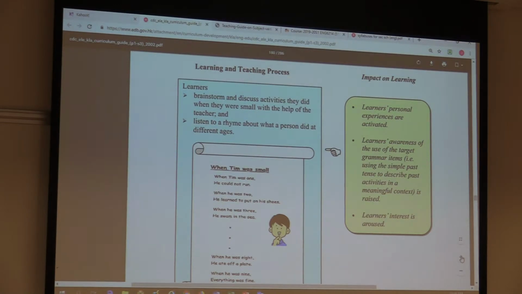So this one is about focusing on the action verbs, the verb forms, right? The past tense. And also students have to listen, so they have to pay attention to the verb. So to some extent, it also practices their listening skills. So it integrates different skills in this lesson design.